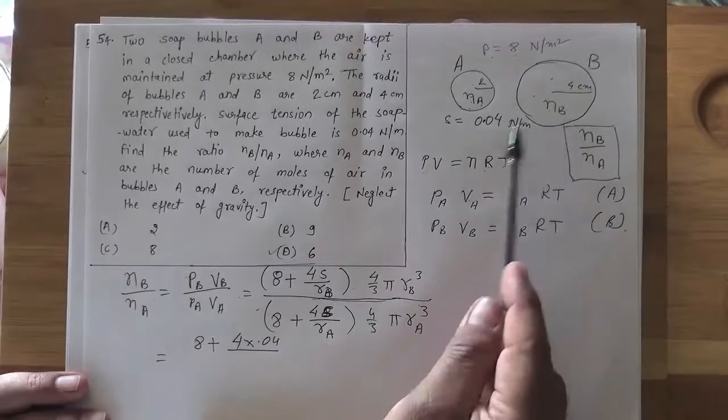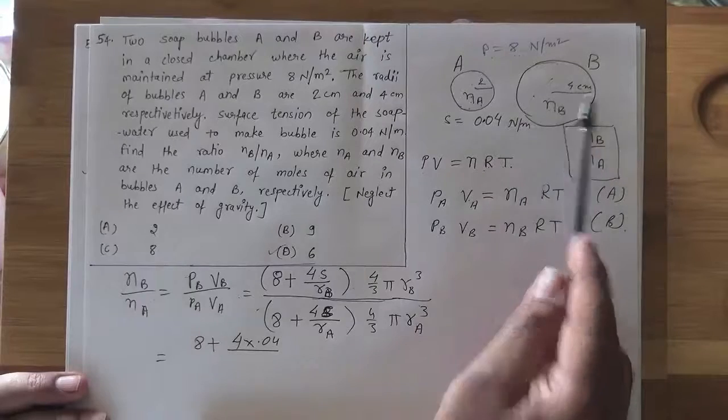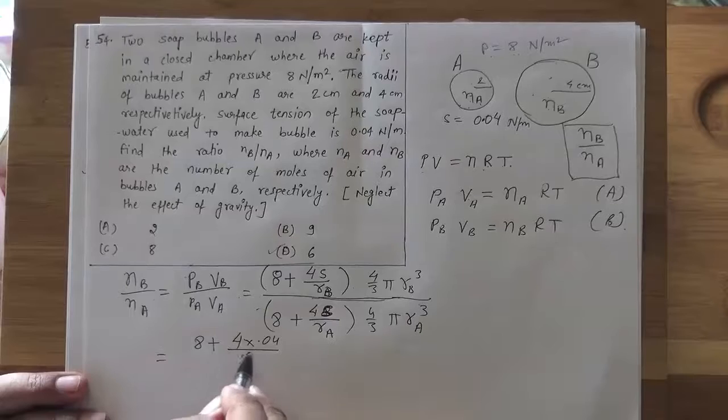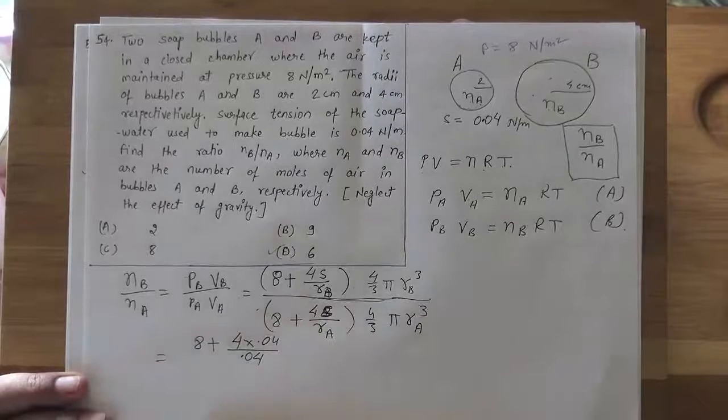So this is CGS system, this is SI system, this must be converted into SI system. So 4 centimeter is equal to 0.04 meter.